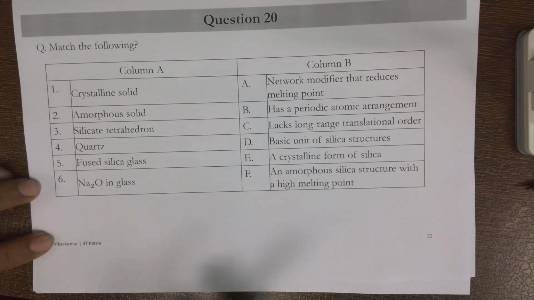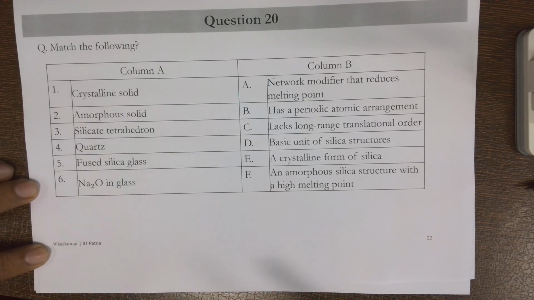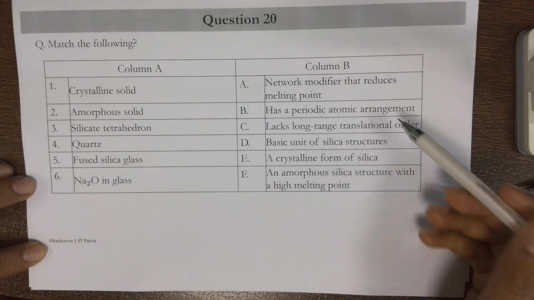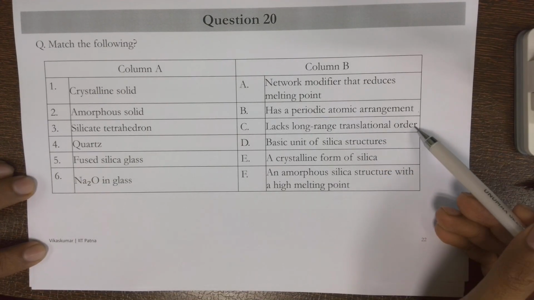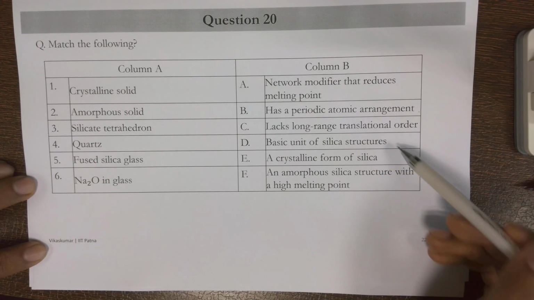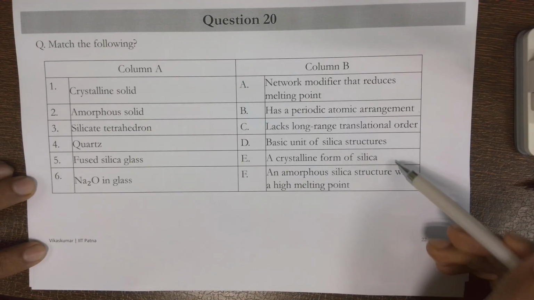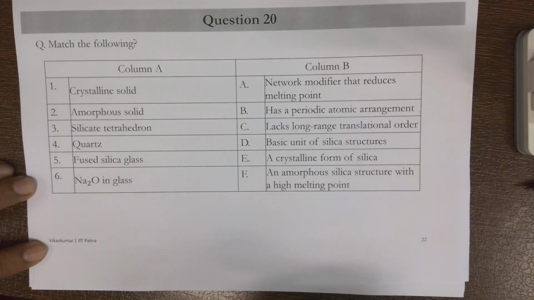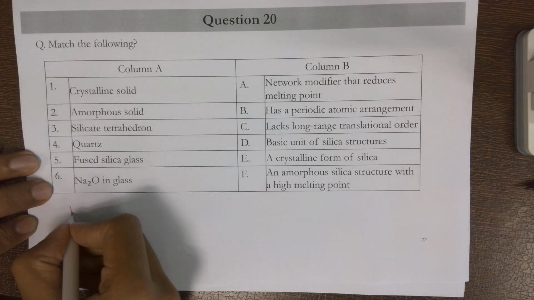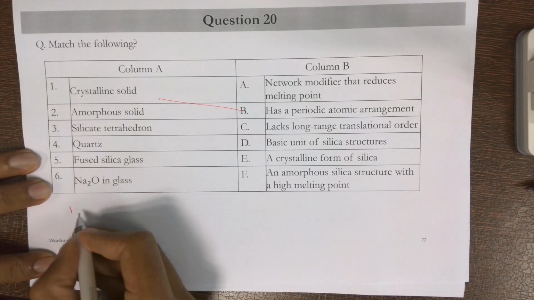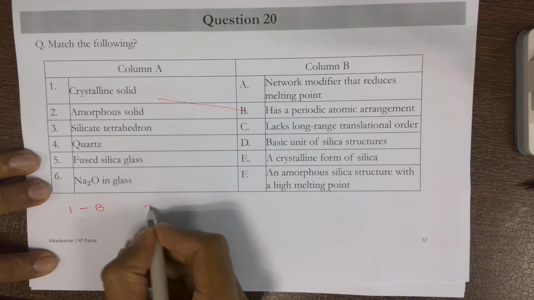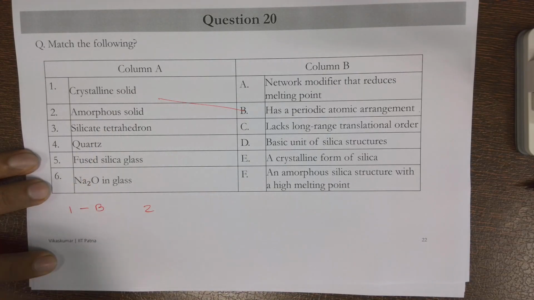As follows: crystalline, periodic atomic arrangement, order. Crystalline, fused silica, amorphous. We can say that the first one matches with having a periodic atomic arrangement, B. Let's go to the first solid.